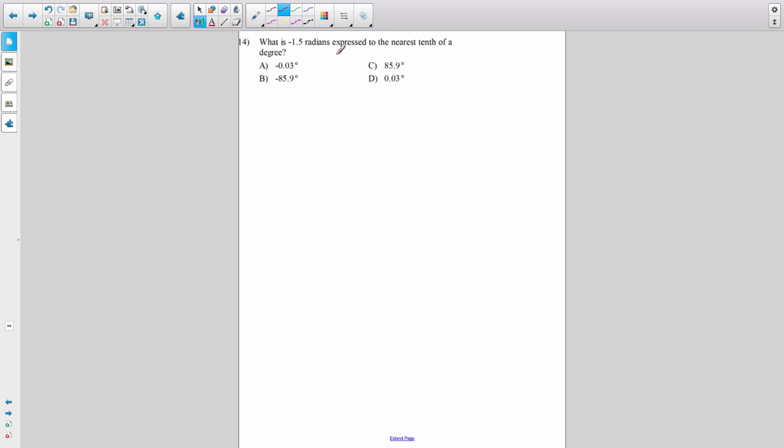Because you'll remember this, going from radians to degrees, degrees are on top. So you're going to take your radians, put them over 1, and multiply, as we did in the last question, by 180 degrees over pi. So you'll notice there's no pi's to cancel.